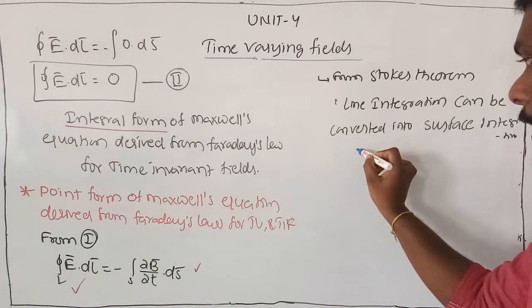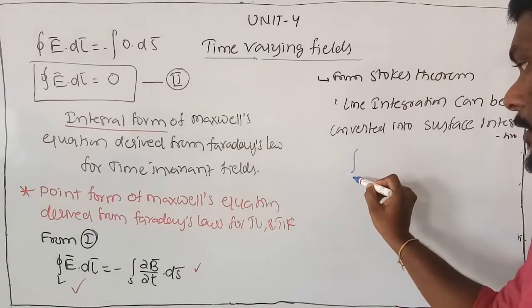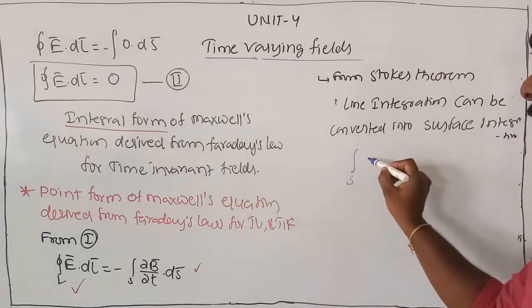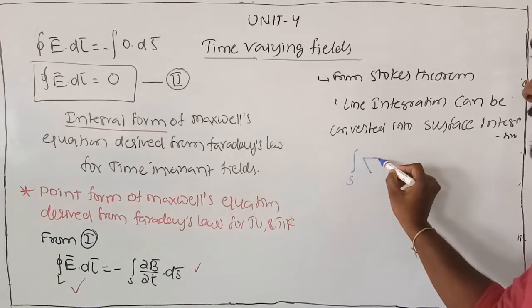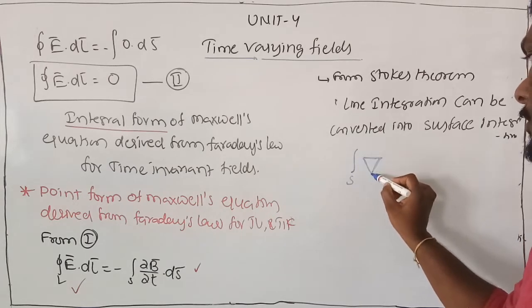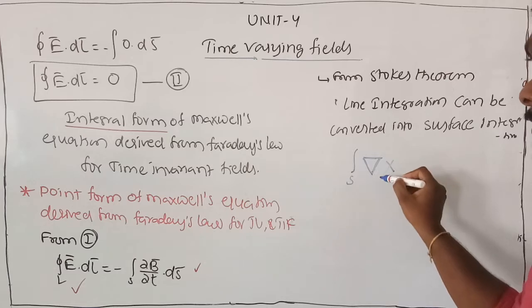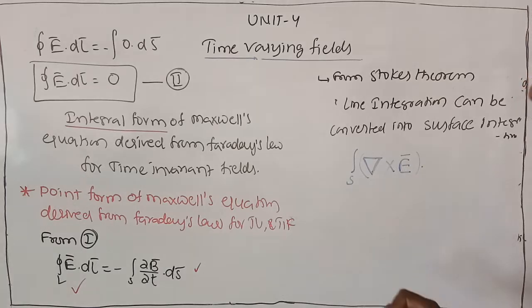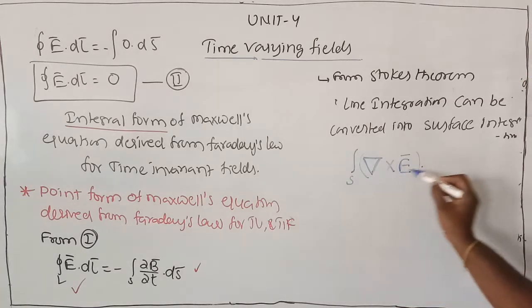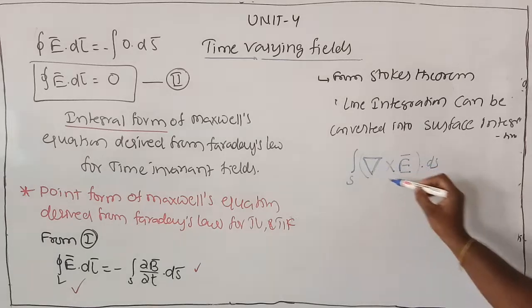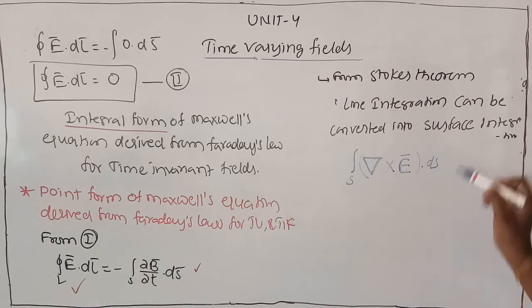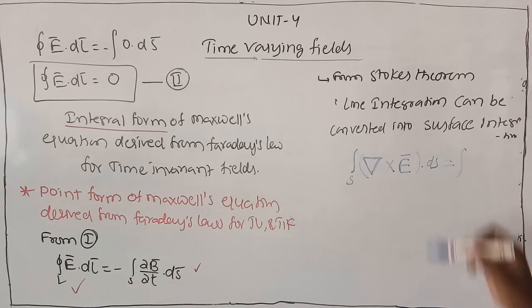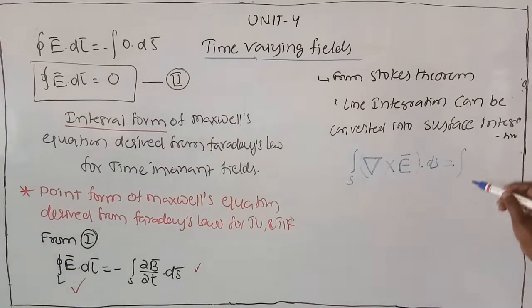Just write the surface integration instead of line integration and use the curl operation. So the curl operation is del cross E bar, and as it is a surface integration, we integrate with respect to surface, so it is ds bar. Write the right side term as it is, minus dou B bar by dou t dot ds bar.